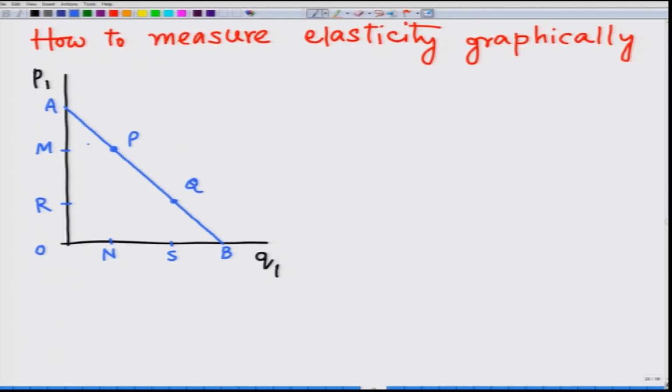Now, how do we measure? I am not getting into the details of the geometry of this, but one can measure elasticity of demand at point P. I am giving you the final result. So, this can be given as NB over ON, right.